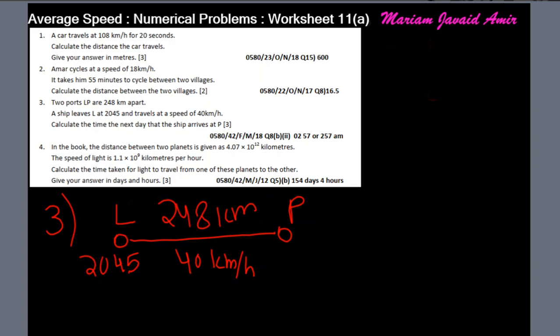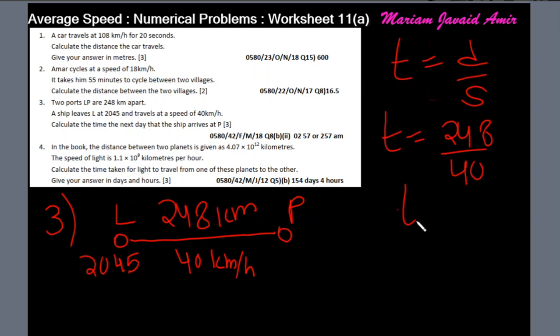So time is distance over speed. Distance is 248 and speed is 40 km per hour, so we'll get the time in hours. 248 divided by 40 is 6.2 hours.